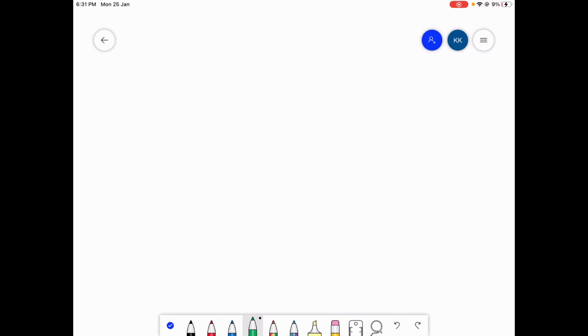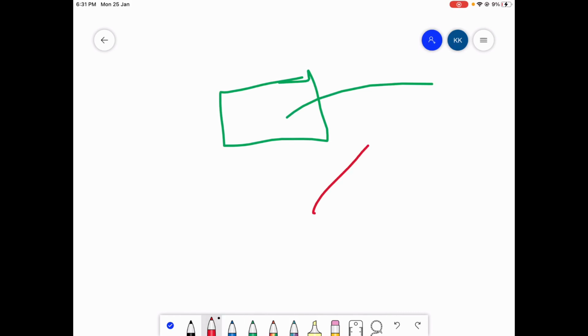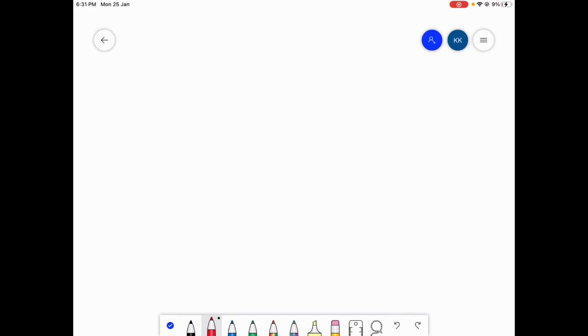For example, if we have this rectangle and cut it in half, we get a triangle. It's half of the area of the enclosing rectangle.